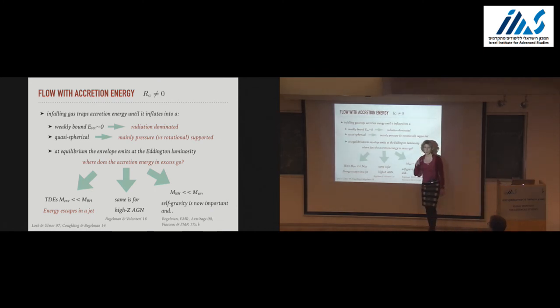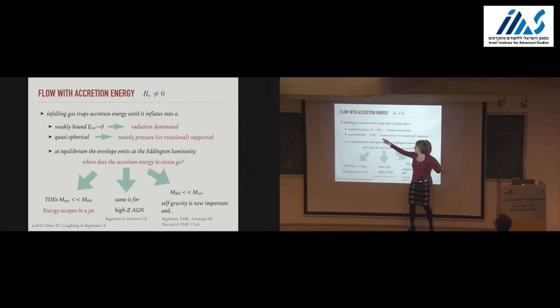So what happens? What people imagine happens when there is release of accretion energy in these highly trapped flows is that the accretion energy injected into the flow inflates it until it finds a sort of hydrostatic equilibrium.